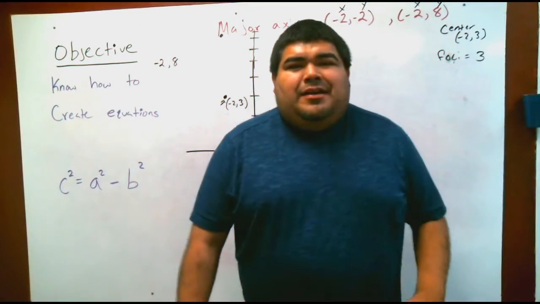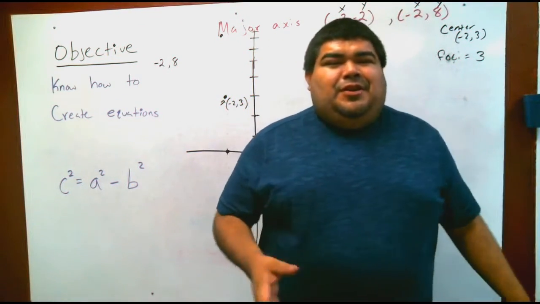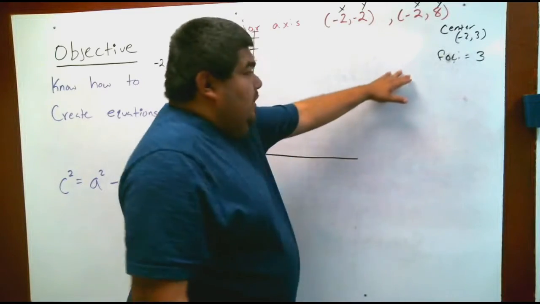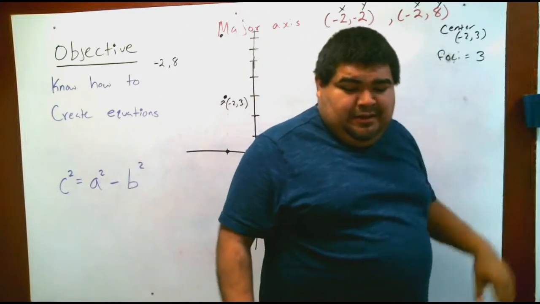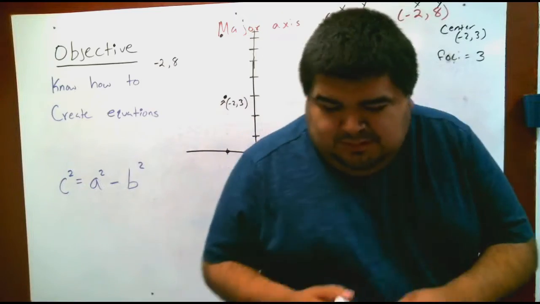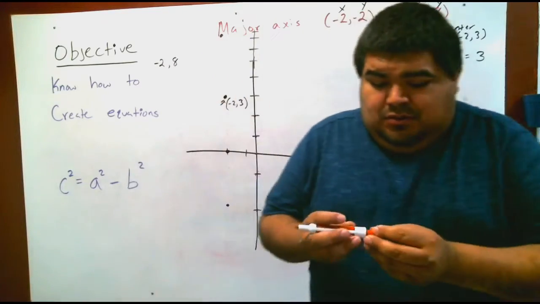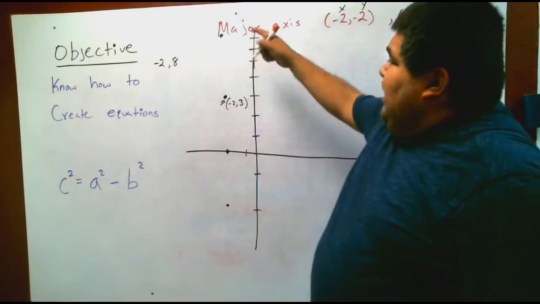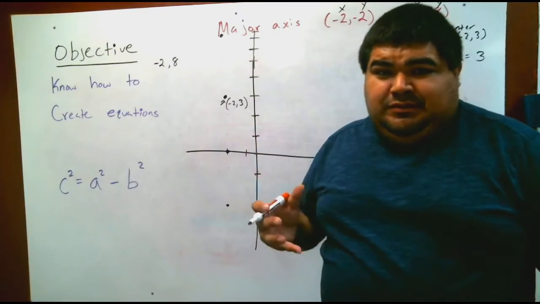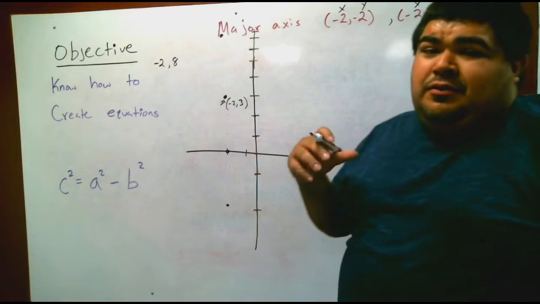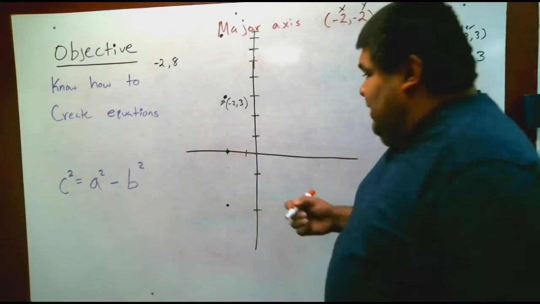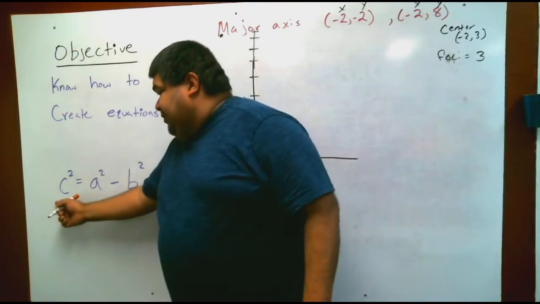Alright guys, so now that we have our foci, which the distance is 3, and we have our center, we can use those formulas, or those pieces of information, to plug into our equation.